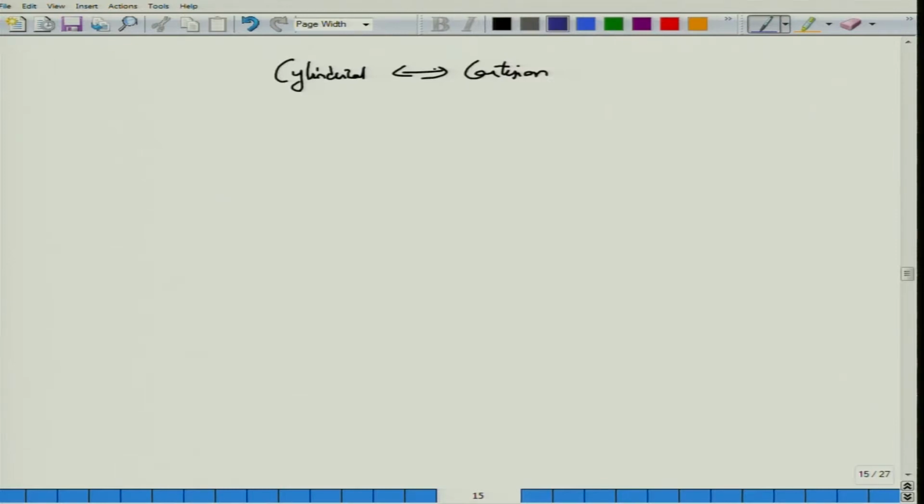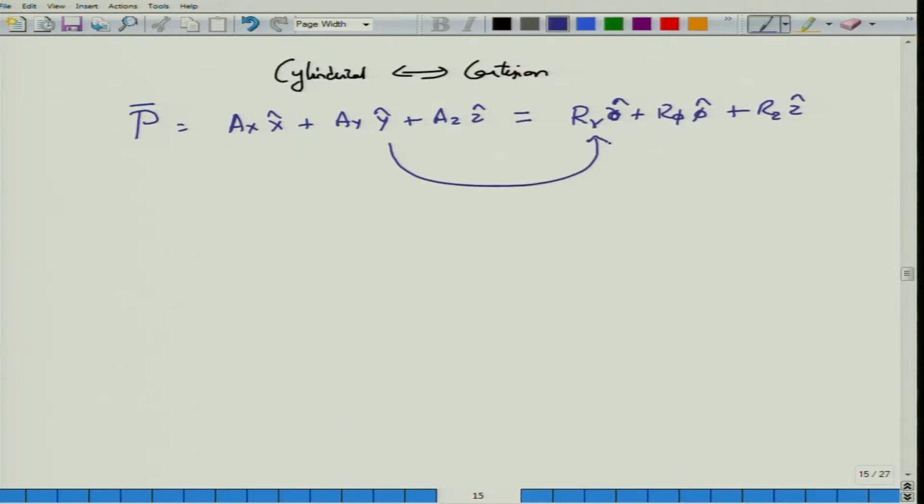Suppose I have a vector p which is described by giving the elements along x, y and z, so it has the components ax, ay and az. Let us also assume that the same vector is given by a r r hat plus a phi phi hat plus a z z hat. How do I go from this Cartesian coordinate system to a cylindrical coordinate system?